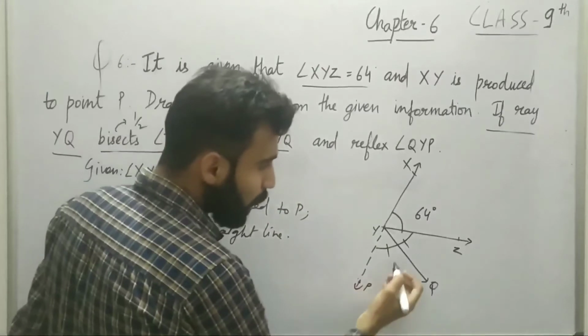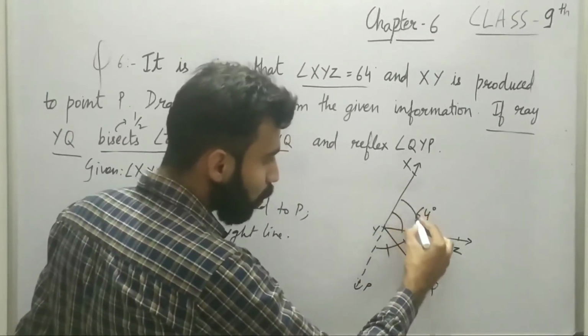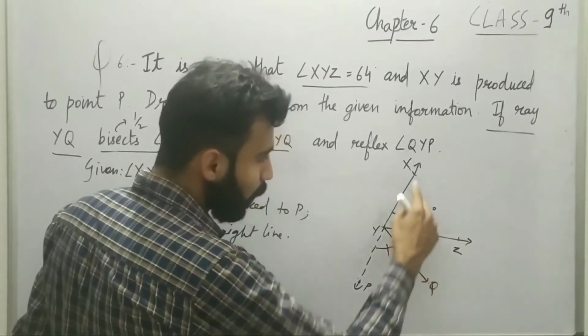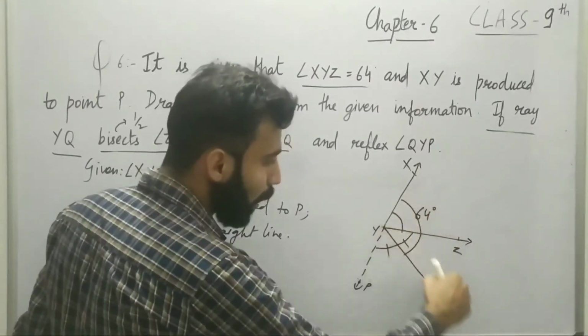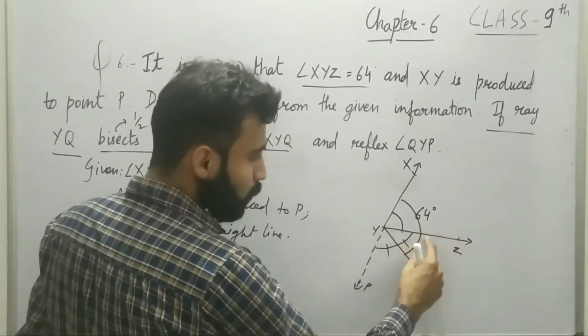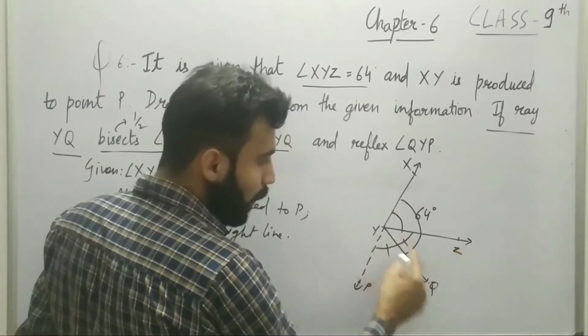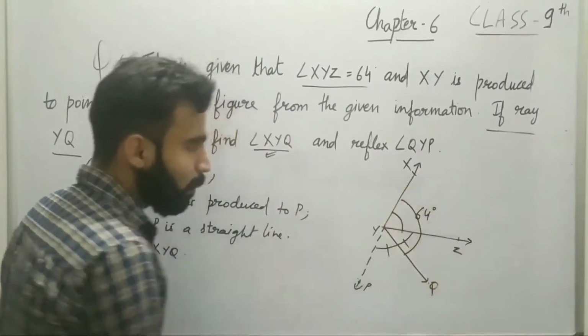So where is angle XYQ? You can see XYQ. That means the combination of this and this. So XYZ plus ZYQ combinedly will get me XYQ. So we are given that XYZ is 64. That means we need to find out angle ZYQ so that angle XYQ can be calculated. Getting my point?